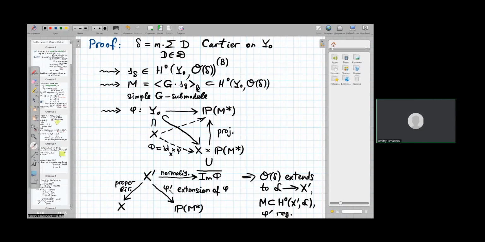Since this phi prime is regular, for any point in X prime, its image is in this projective space, and some of the projective coordinates on here do not vanish at this point. This means that some of the sections from M do not vanish at this point. Let me write it on the next page.